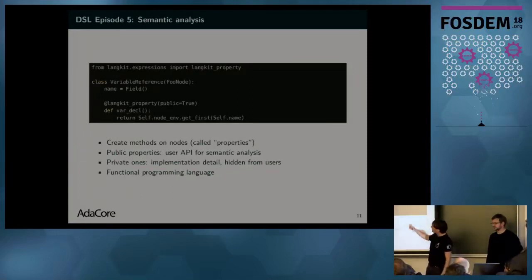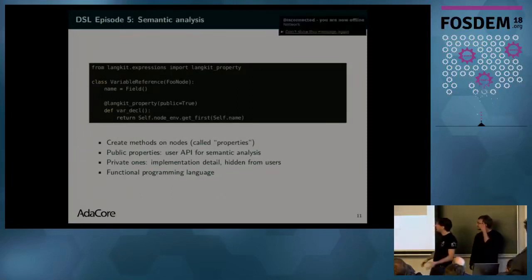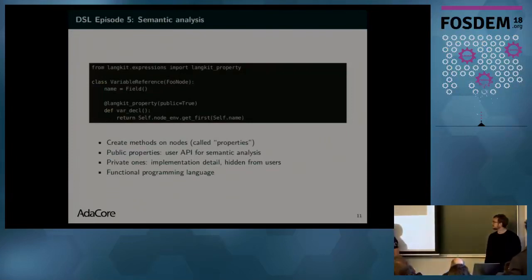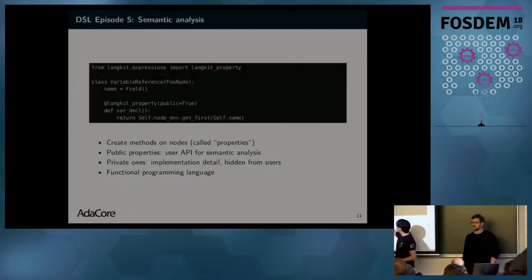We have a var_decl property that, on a variable reference, will fetch the corresponding variable declaration. You can also have private properties that will just be implementation details, and users won't see that. These properties, you write them using a functional programming language that we created. So this is this part here. You take, for instance, the current node that is a variable reference, you take the environment that is associated to it, and you perform a request giving its name.